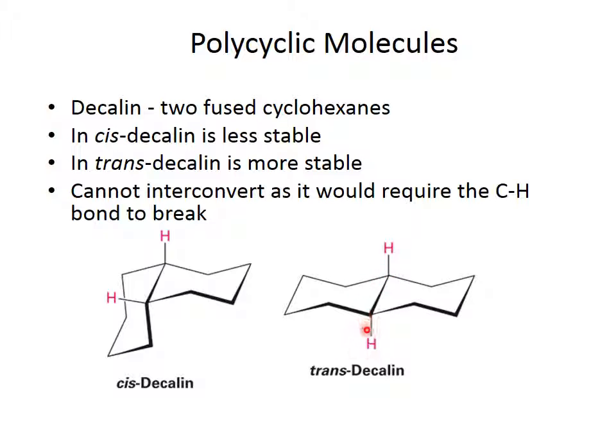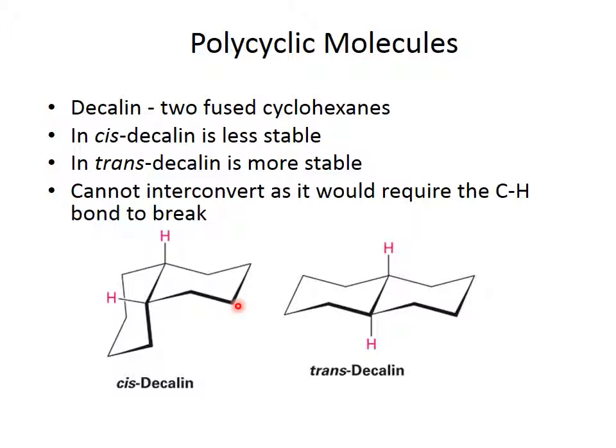This you can see is called transdecalin, and this one would be called cisdecalin. That's just because the hydrogens and the carbons point in on opposite sides of the ring. You can see this is up, that's down, this carbon is up, this carbon is down, so it's trans. If I look at this, you can see the two hydrogens are up, and notice that carbon's down, so this is cis.